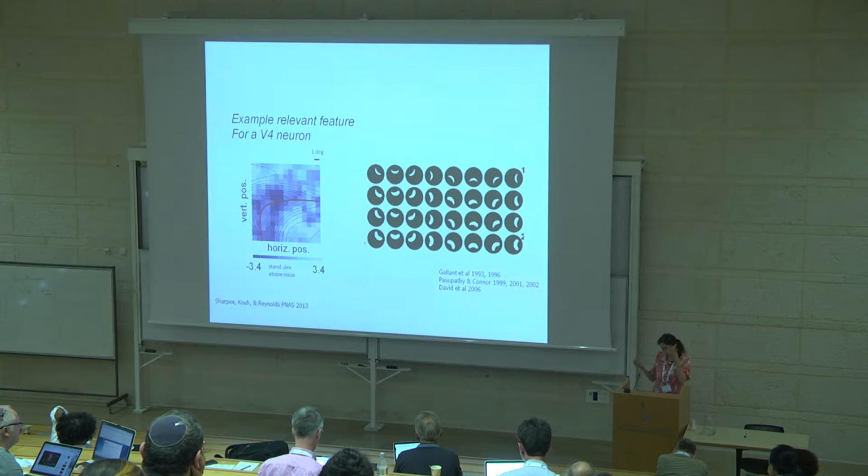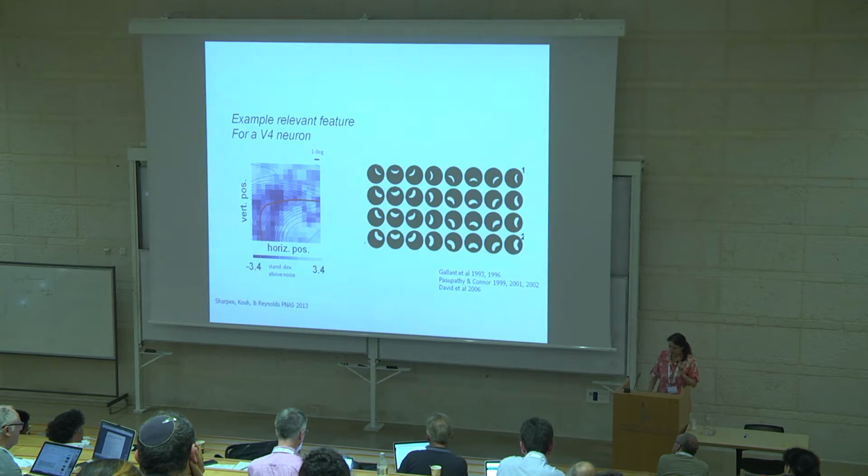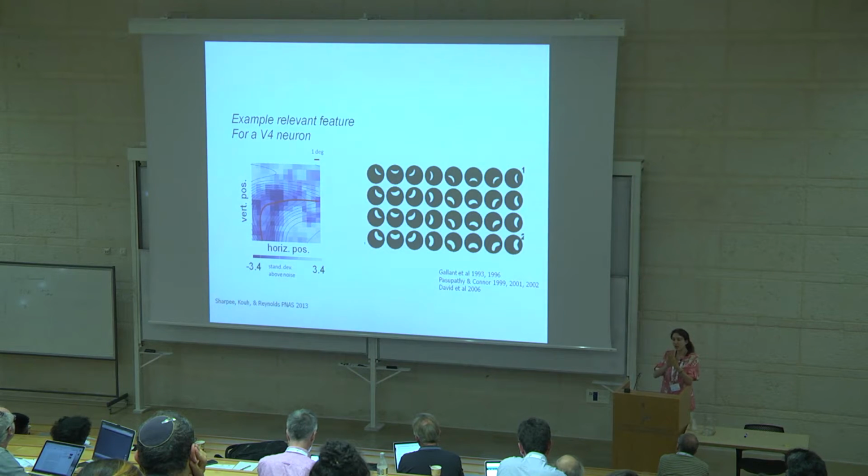But we can go further and ask whether there are multiple features that, at a given position, affected the neural responses. I'm potentially missing a slide, but the idea is that in addition to accounting for position invariance by looking for one feature, we try to estimate the combination of features at the same position that accounted for neural responses through some nonlinear function, and then allow a global position invariance.